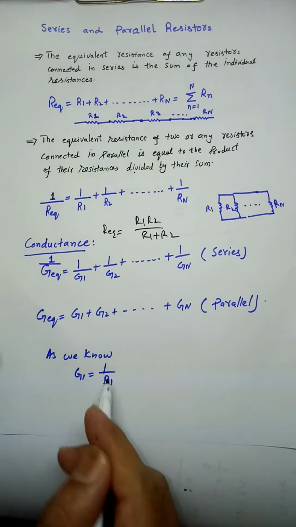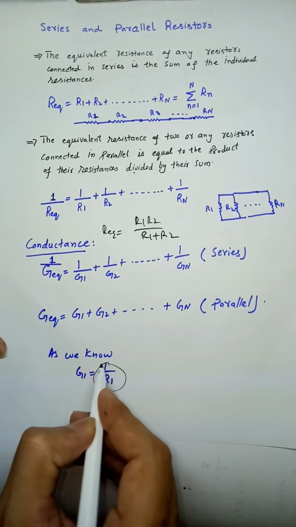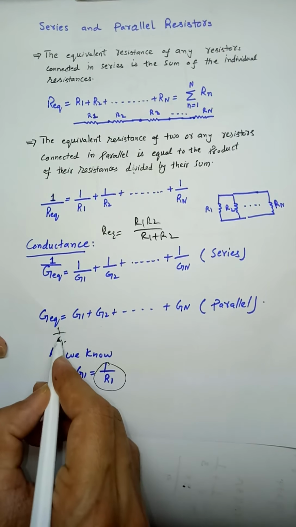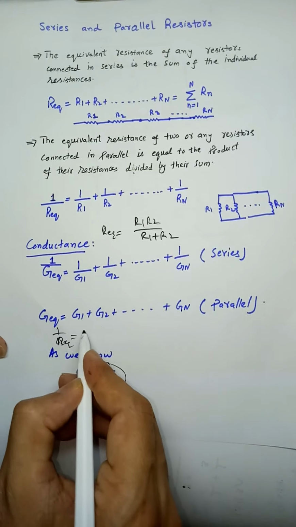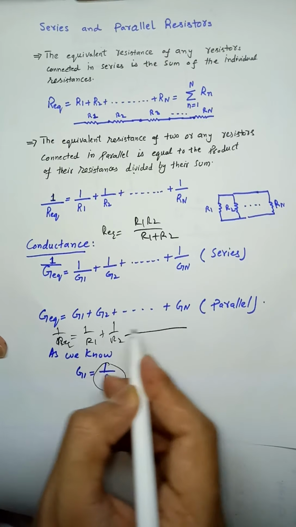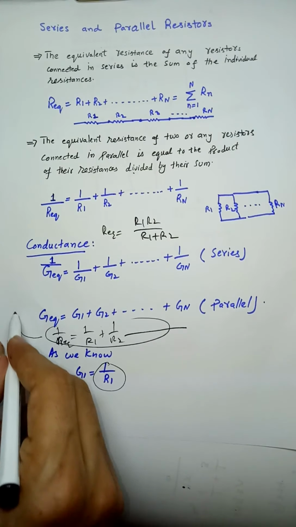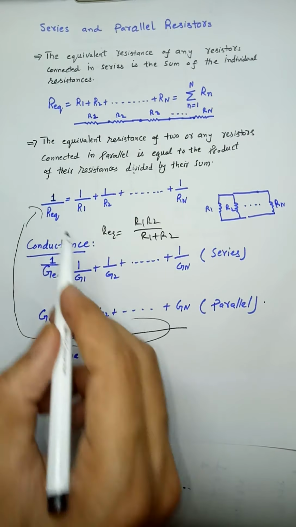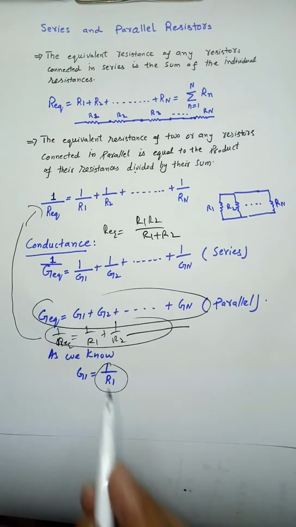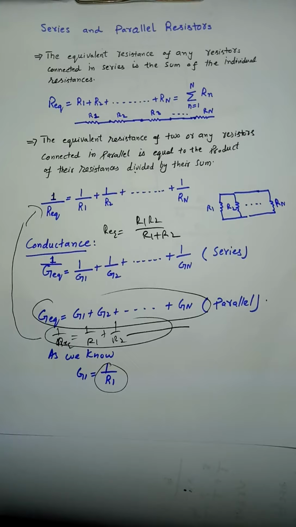So after putting this value here, this would become 1 over R equivalent equal to 1 over R1 plus 1 over R2. This is exactly the same as R equivalent in parallel. So conductance is the reciprocal of resistance.